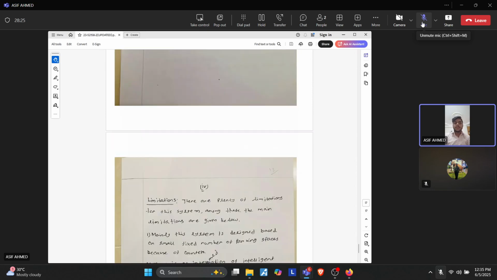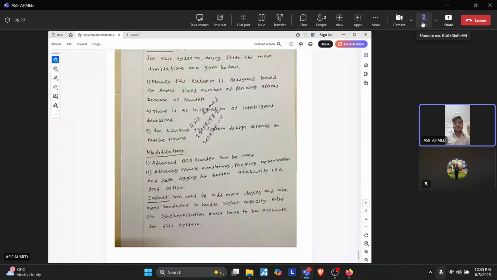Now, at last, there are some limitations for this assignment. While the system works well for a small garage, it does have some limitations.